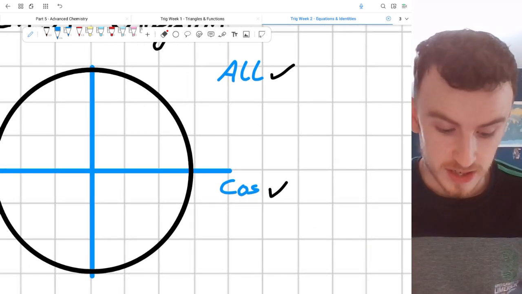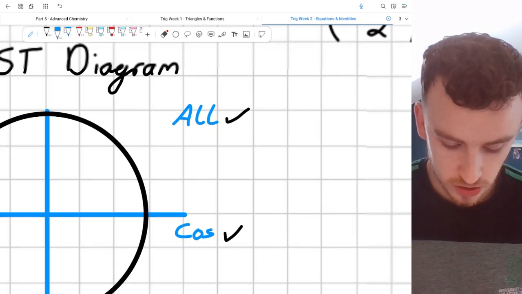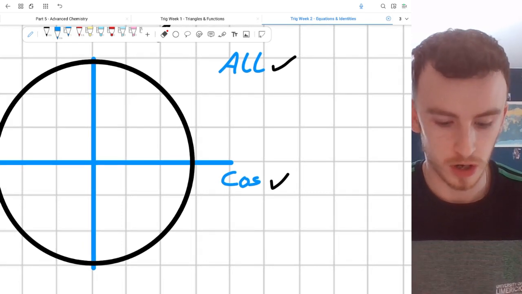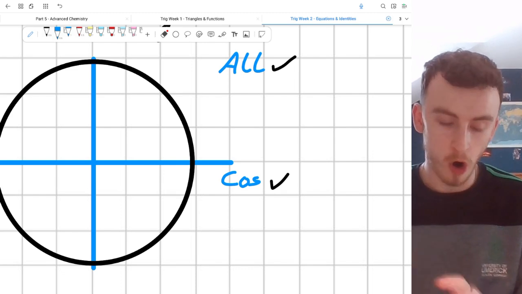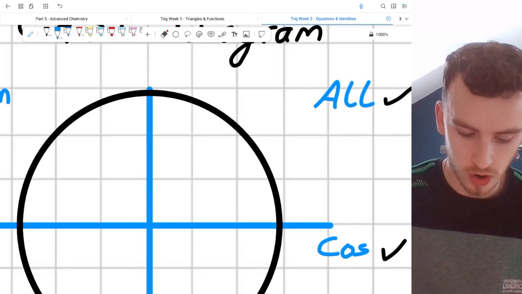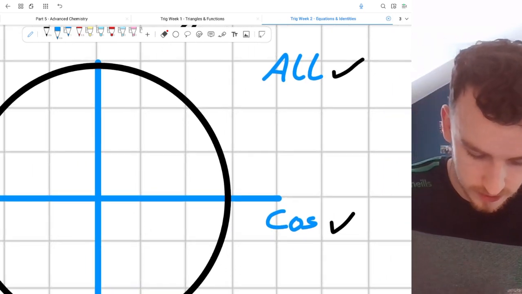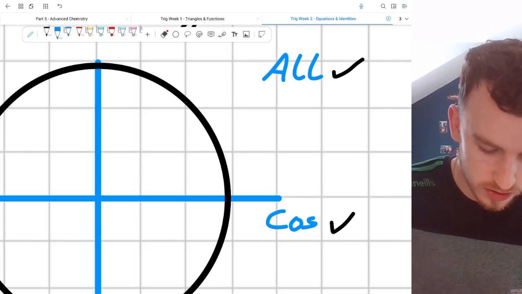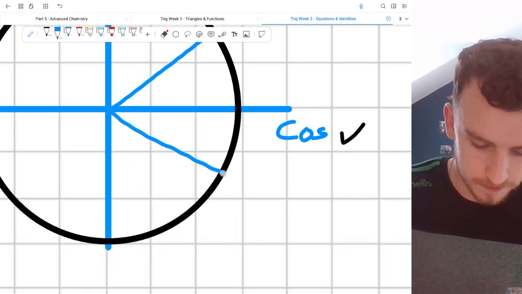So now we use our reference angle. Our reference angle is 30. So we're going to put in an angle of 30 degrees into our positive quadrants. So that's these 2 on the left. Now, when doing these, you always go from the x-axis, never the y-axis. So we do an angle of 30 degrees from the x-axis in this quadrant, so that'll be about there, we'll say, and in this quadrant here.